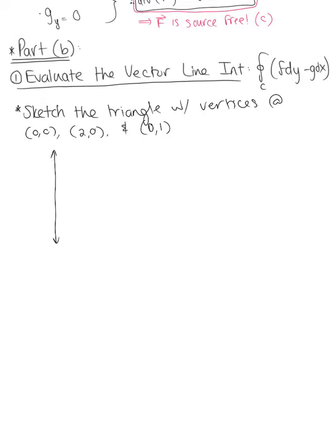So in our Cartesian coordinate system, we have the y-axis and the x-axis. So labeling our given ordered pairs here. Again, we have a vertex at the origin, a vertex at the ordered pair 2, 0, and then a third vertex here at 0, 1.